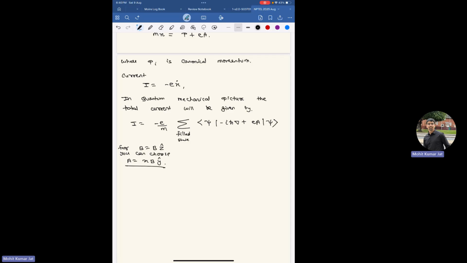If you do so, then your Ix will be minus e by m, sum over k, psi nk, where n is the Landau level number, then minus i h bar del by del x psi nk, and n will be 1 to whatever your filling factor is.